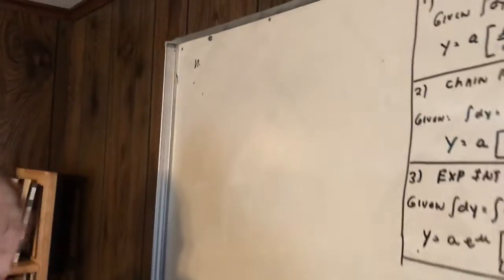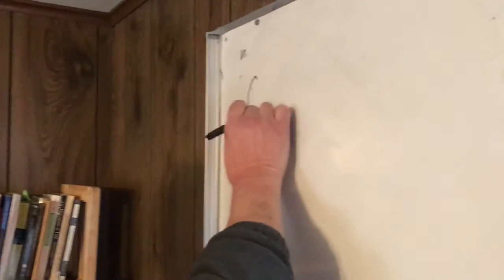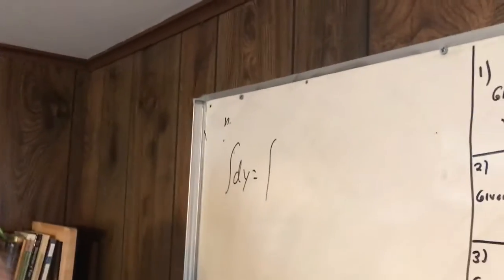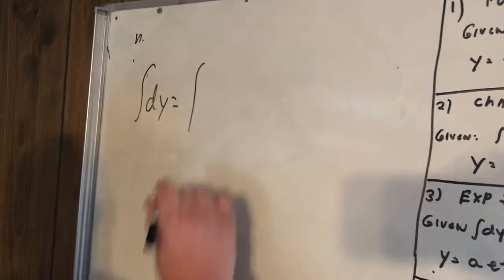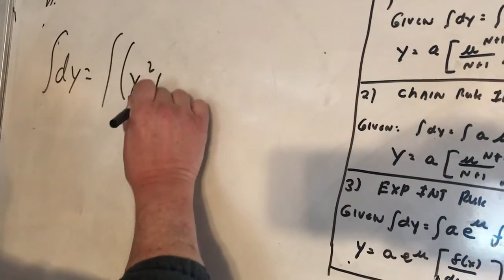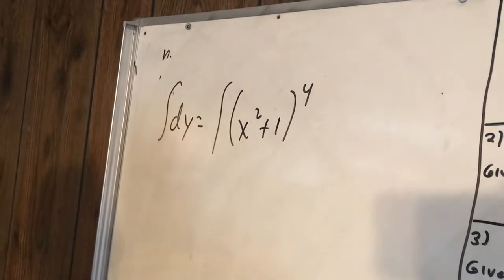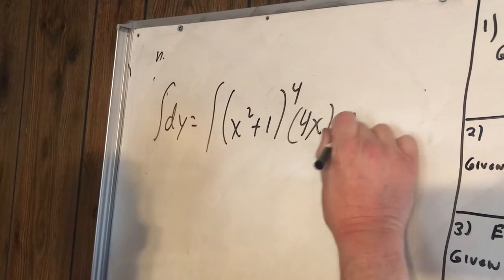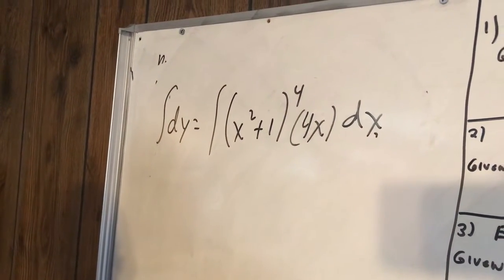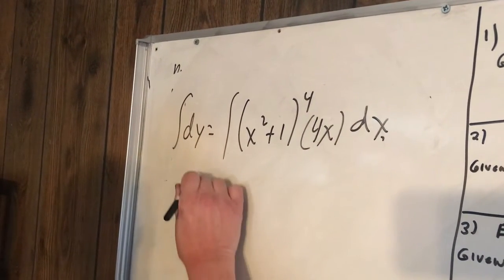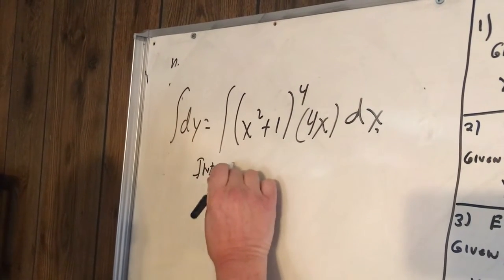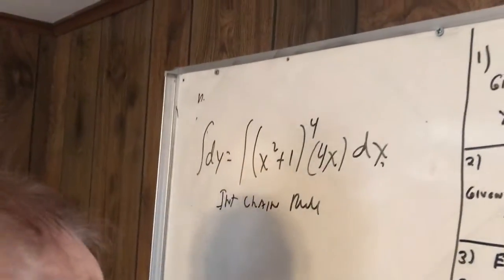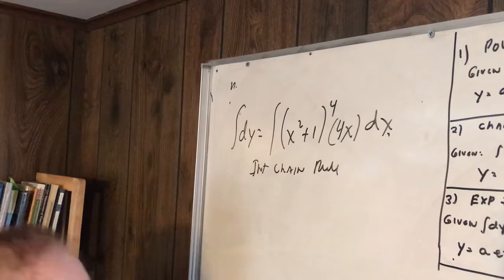So once again we have the integral of dy. You want to find the integral of (x squared plus 1) to the 4th, times 4x dx. So that's a chain rule. So let's start to define our terms.